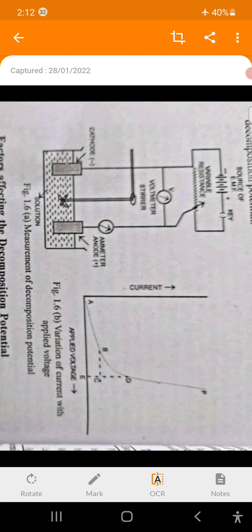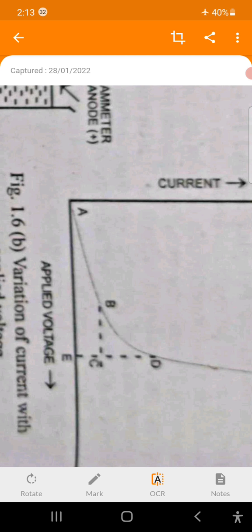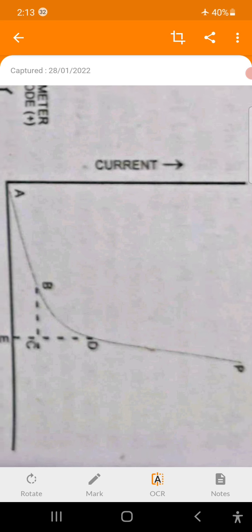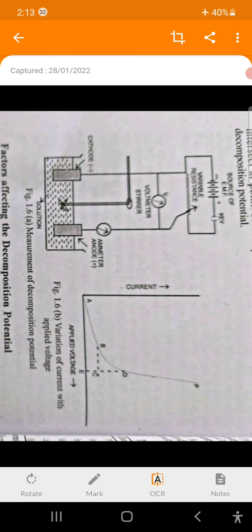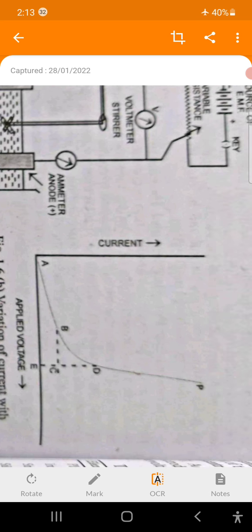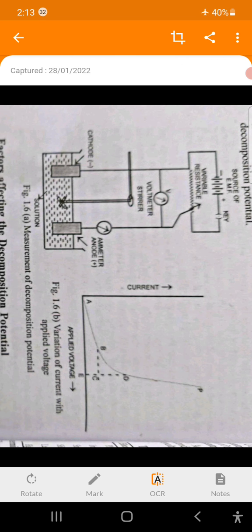Then these two lines are extended, and there is a point at the intercept of these two lines AB and PD. The voltage corresponding to this point C is the decomposition potential, the value of decomposition potential for that electrolyte solution.